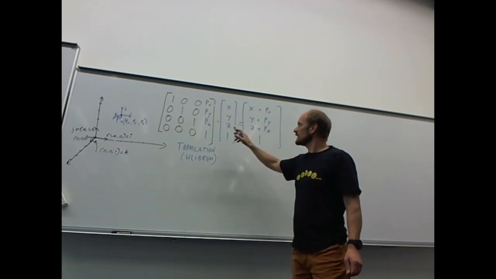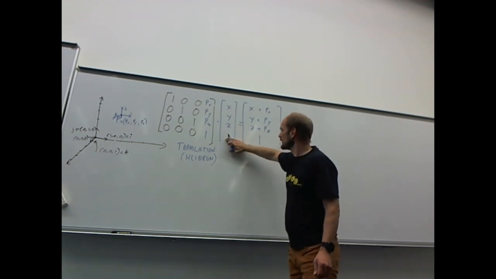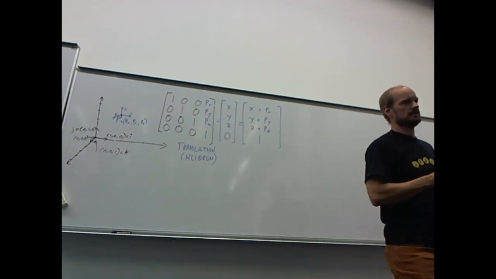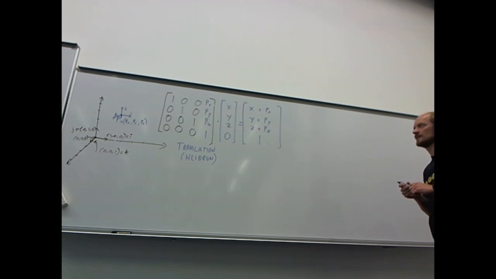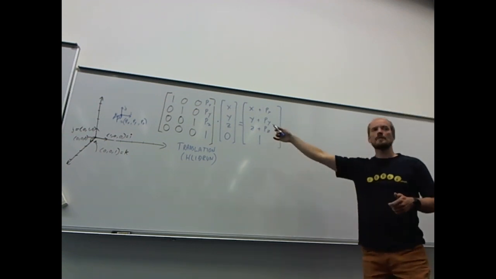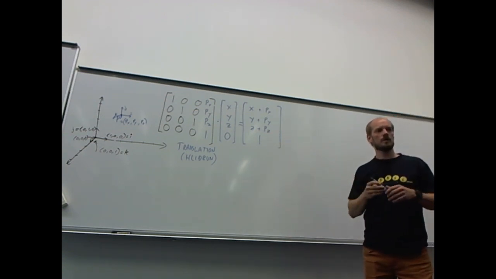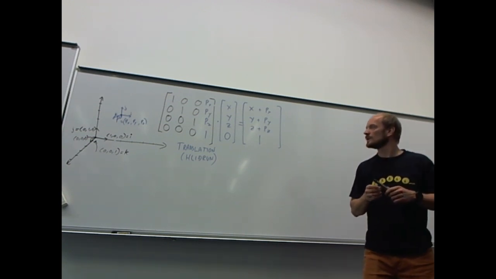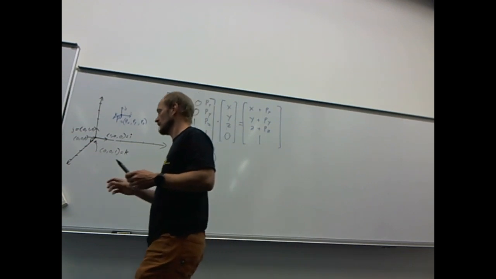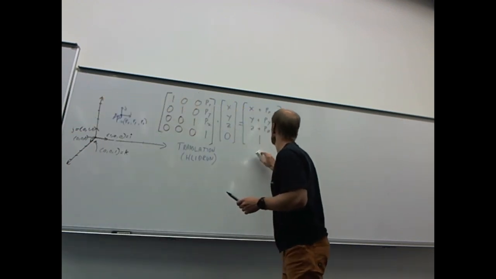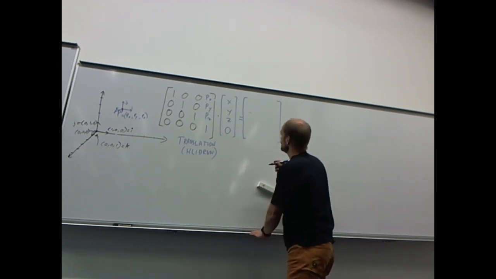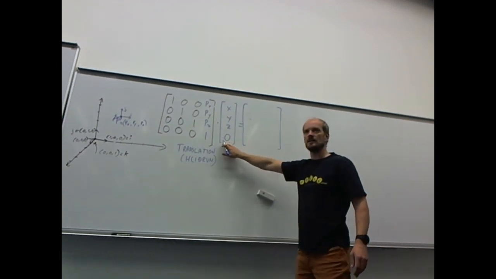What do you expect to get if I apply this to a vector? You can see it from the math. A vector translated, I get the same vector as I originally had.